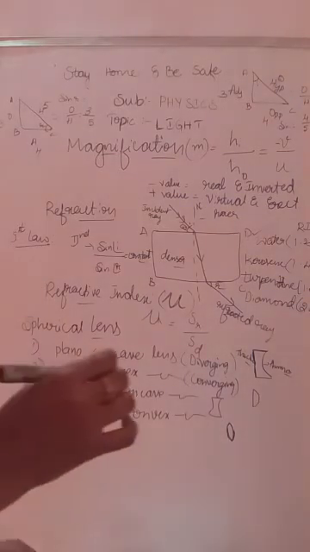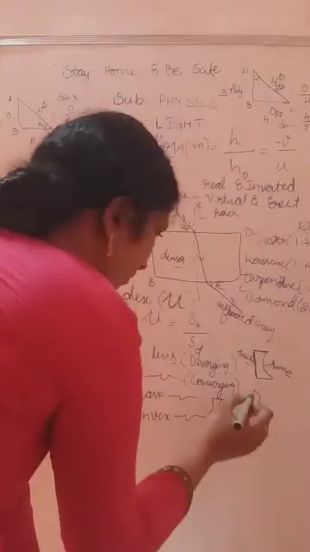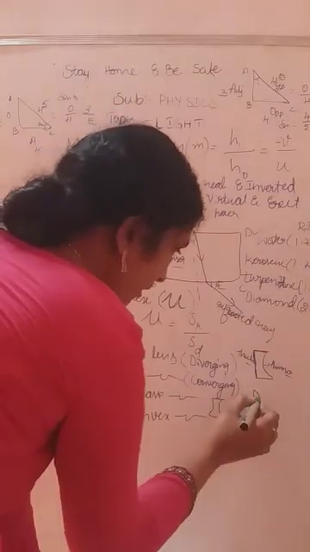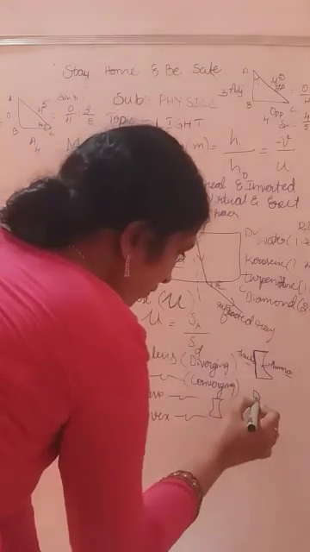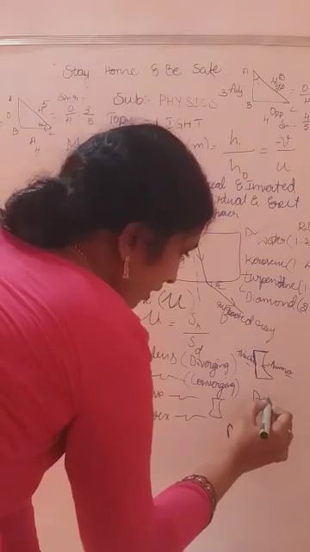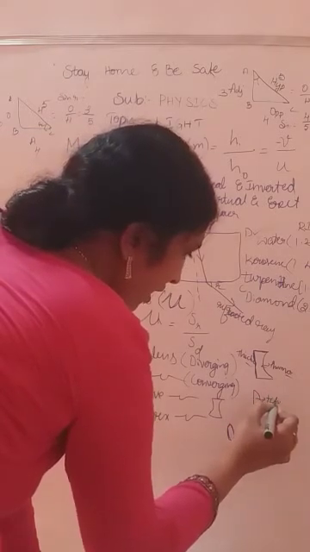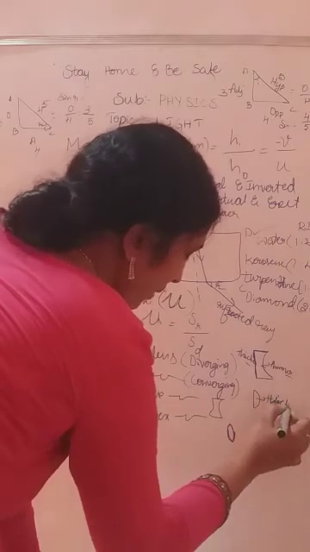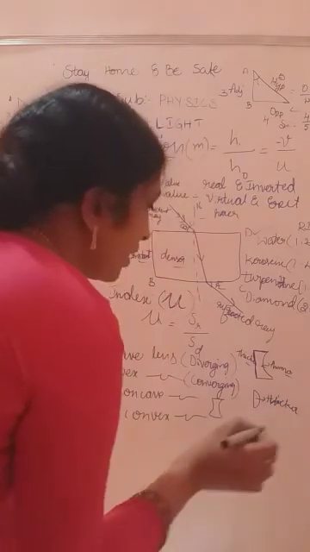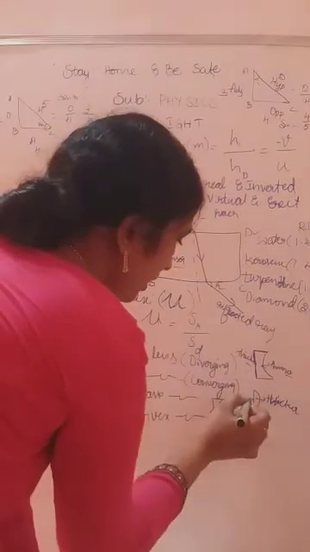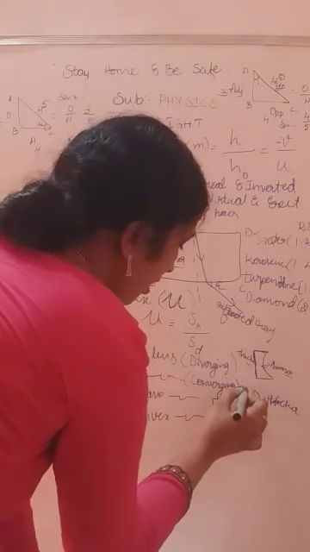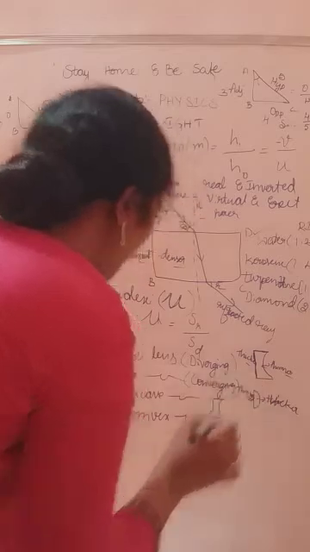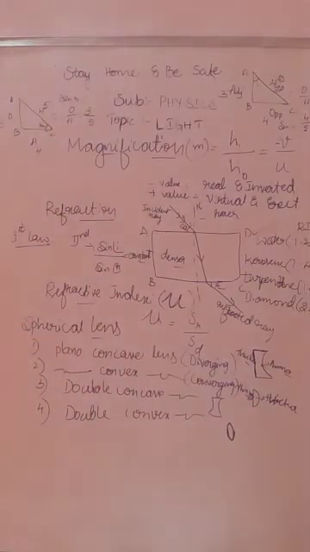Keep in mind. And the opposite, the lens which is thicker at the middle and thinner at the edges is called the convex lens.